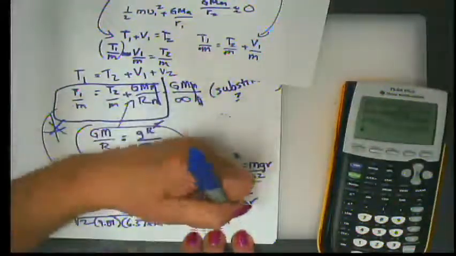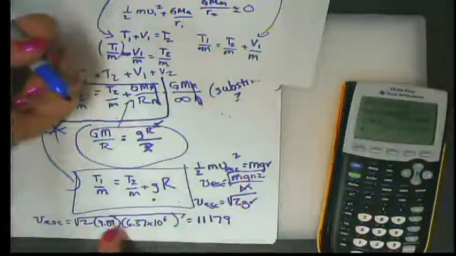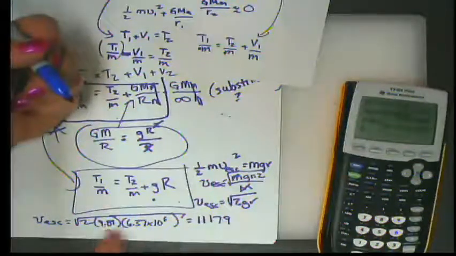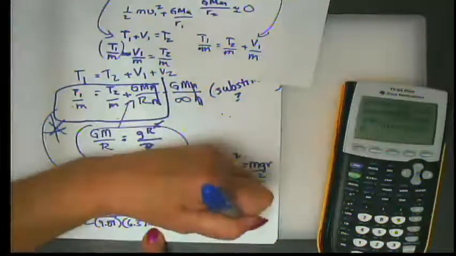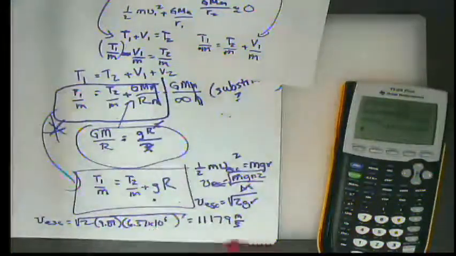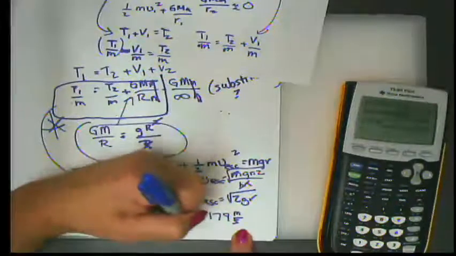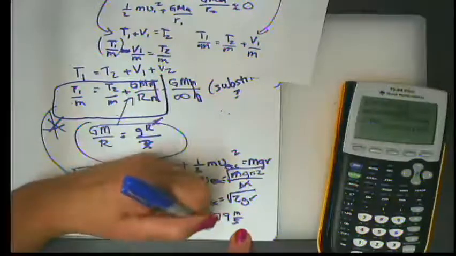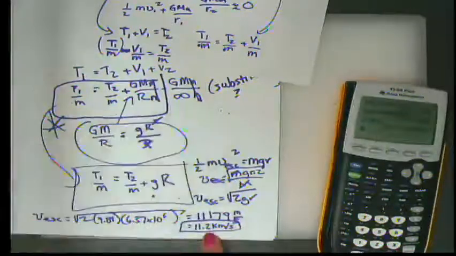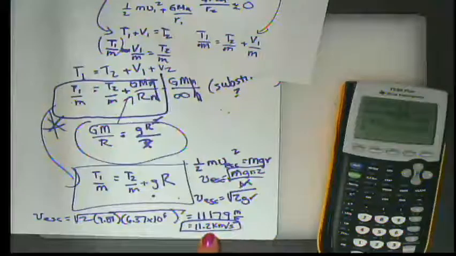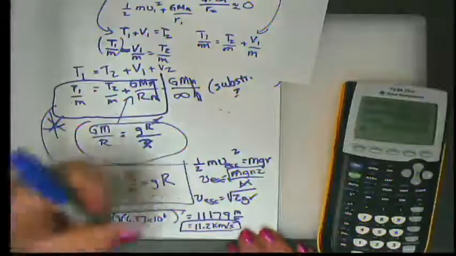And that would be in meters squared per second squared. So meters squared per second squared inside of the radicand. So that's going to be meters per second. Or since it's quite a large number, we could write that as 11.2 kilometers per second. Okay. And so that's going to be your escape velocity.